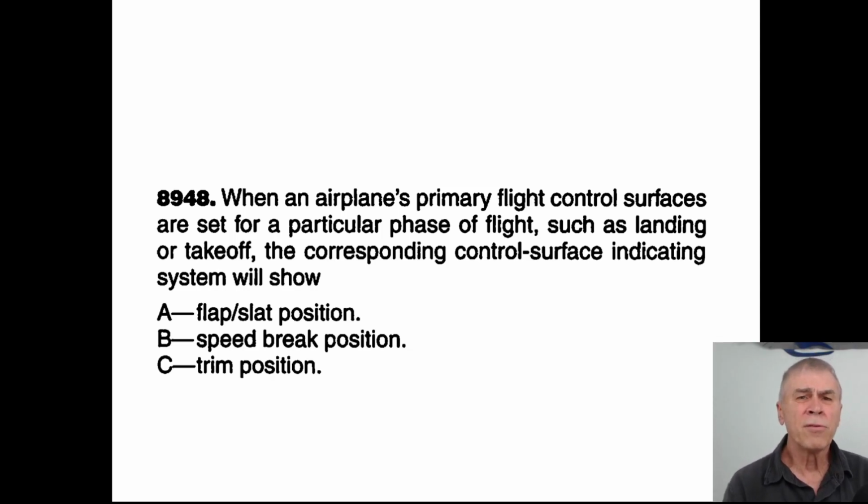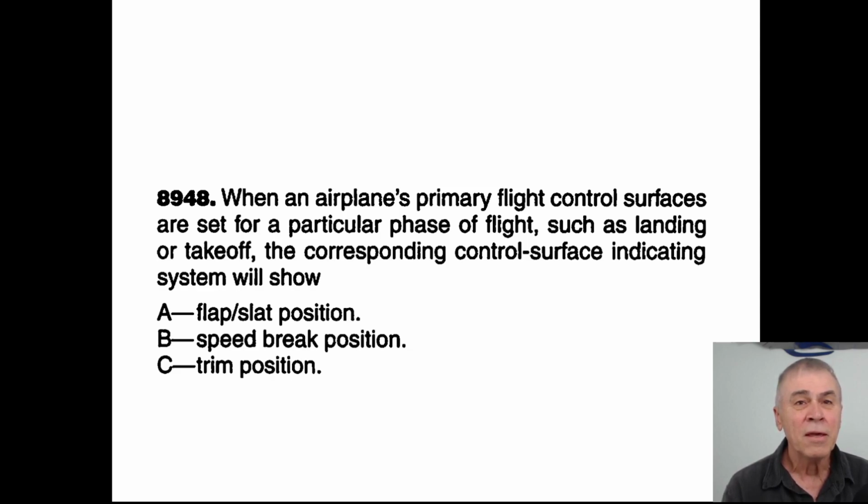When an aircraft's primary flight control surfaces are set for a particular phase of flight, such as landing or takeoff, the corresponding control surface indicating system will show. Now, you're not going to get a lot of questions about the control surface indicating system, and they may have eliminated this question from the question bank, but just in case it pops up, at least you have some awareness of this indicating system.